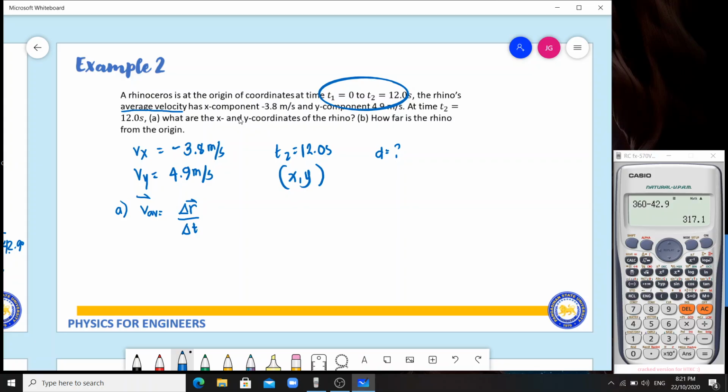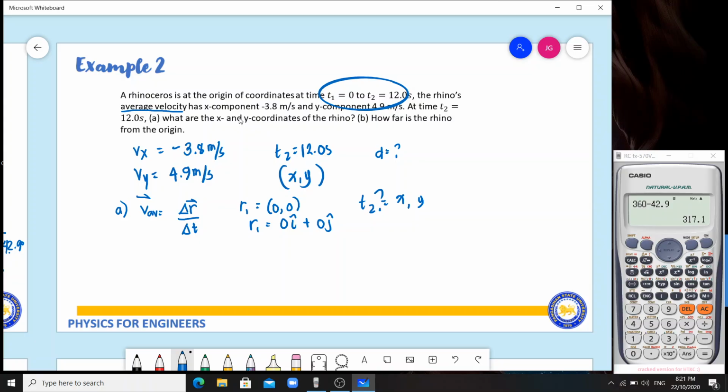So, technically, ang r1 natin is nasa 0, 0. Okay? Or, nasa 0i plus 0j. Okay? Ito yung nasa time 0 siya. At t2, ano na ngayon yung x and y coordinate niya. Okay?